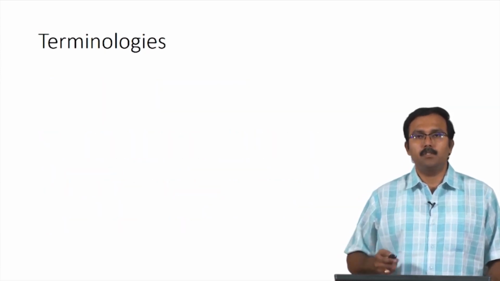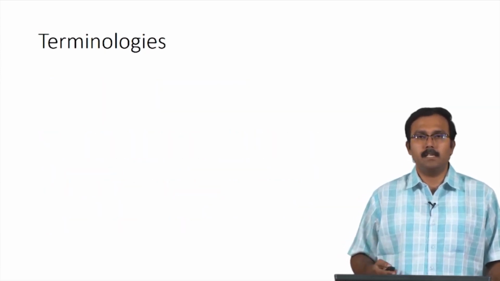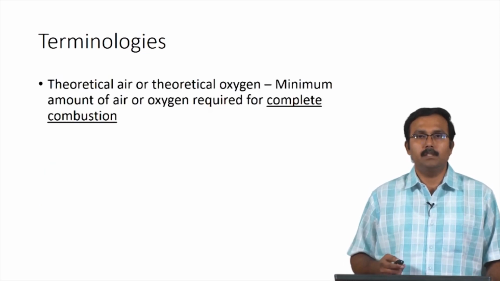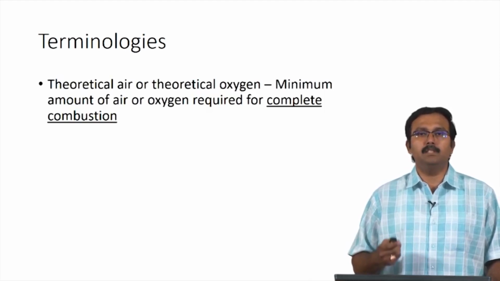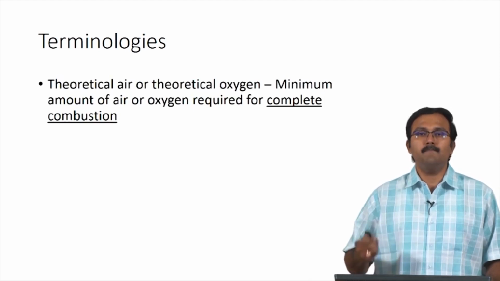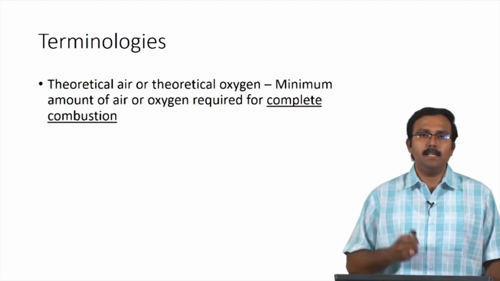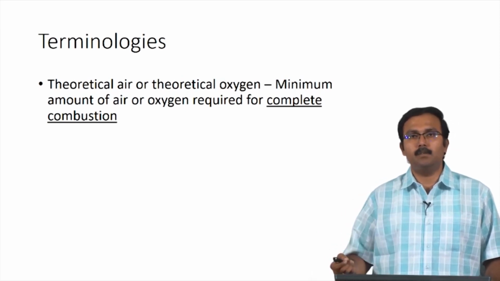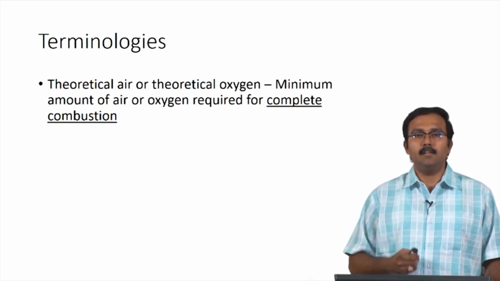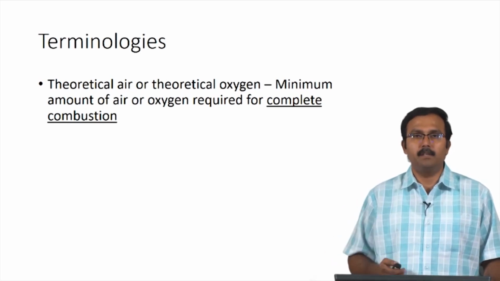Another terminology which is commonly used in combustion reactions is theoretical air or oxygen. Theoretical air or oxygen is the minimum amount of air or oxygen which is required for the complete combustion to occur, which means all of carbon should be converted to carbon dioxide, sulfur to be converted to sulfur dioxide and hydrogen to be converted to water vapor.